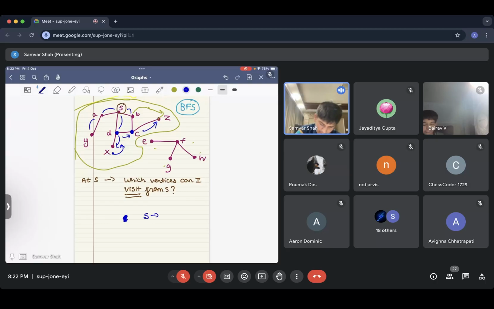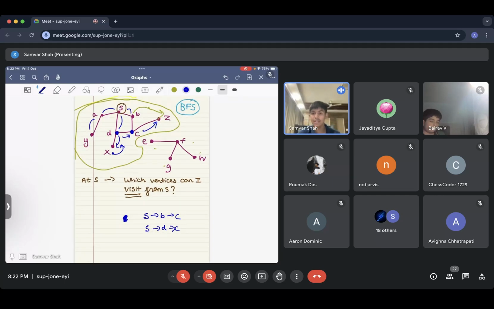It can be visited from S to B to C, or from S to D to C. So deciding how you will reach C will give you two different BFS trees. But both of these will be correct BFS trees. It depends on how you implement your BFS which tree you will get. But all of these multiple trees would be quote unquote valid.